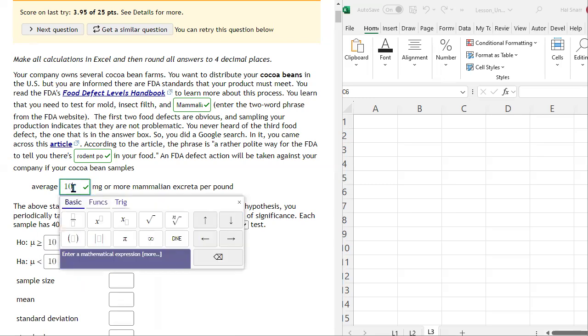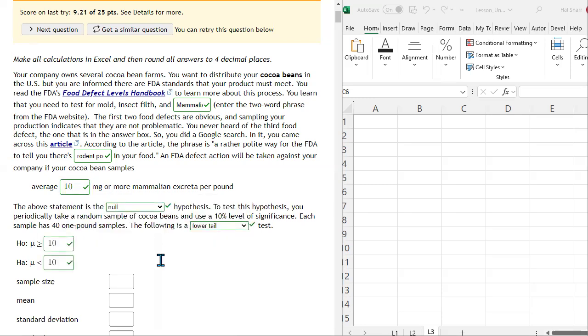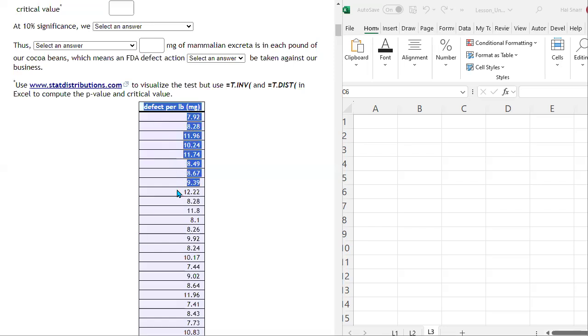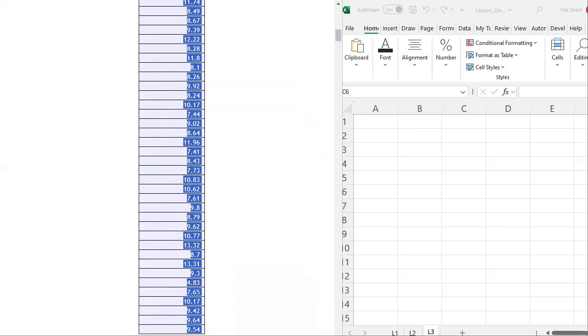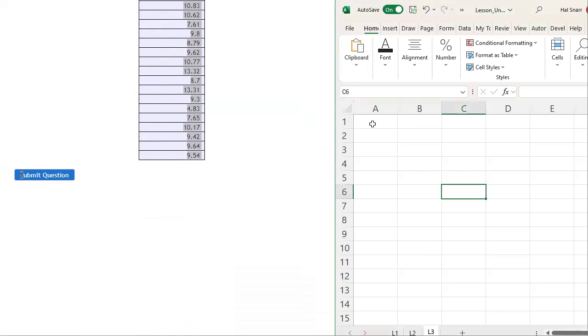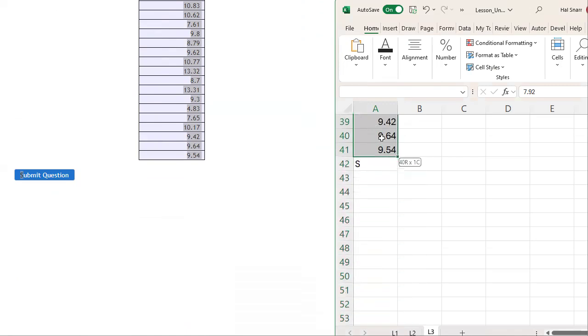Okay. Now, all the data is at the bottom of this problem. Now, we're sampling this distribution a lot, right? So this just happens to be one of many. So I'm going to grab defects per pound, and then I'm going to grab something outside the table, the S. I'm going to paste it right here. Highlight just the numbers. I'm going to label the cells, this object of cells.